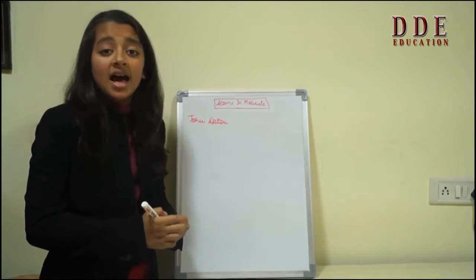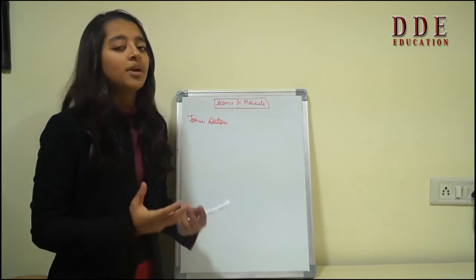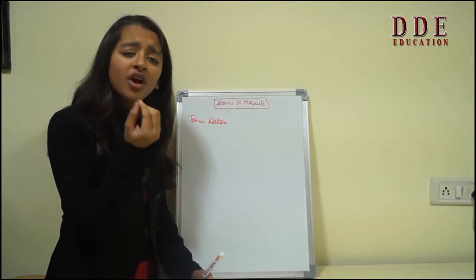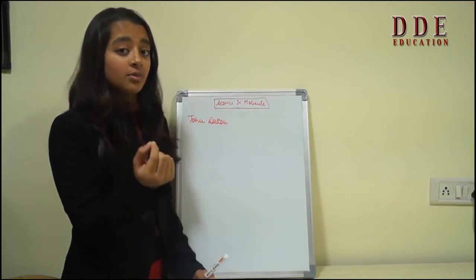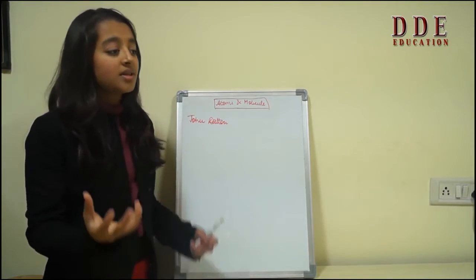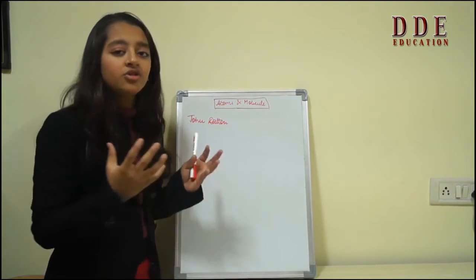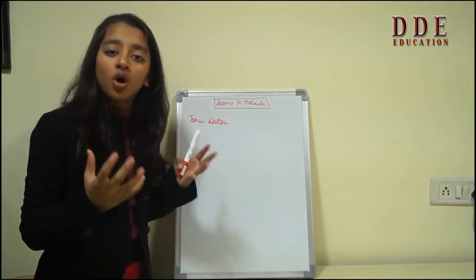He said that each matter, be it hydrogen, be it oxygen, or be it anything, is composed of very small particles which are indivisible, and they form the matter we see around, the elements, the compounds, etc. He gave a very strong explanation of the two laws.